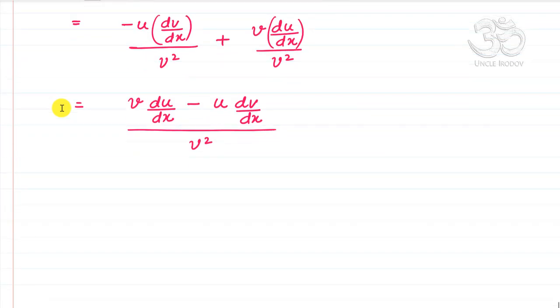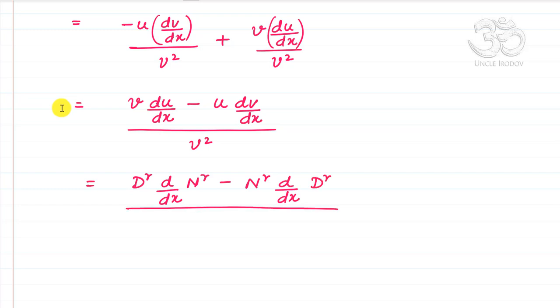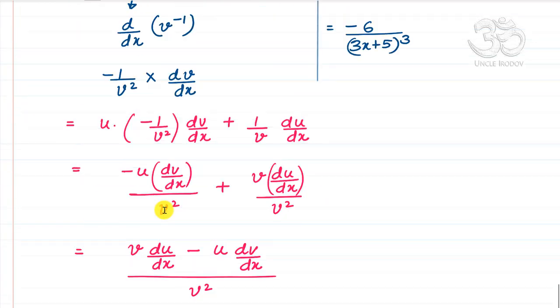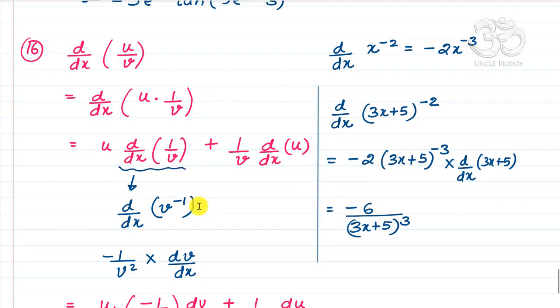And how to keep that in mind, they will say denominator times d by dx of numerator minus numerator times d by dx of denominator, divided by denominator squared. Right? So this is the so-called quotient rule. But then you will see that what we have done is we have just used product rule and chain rule.